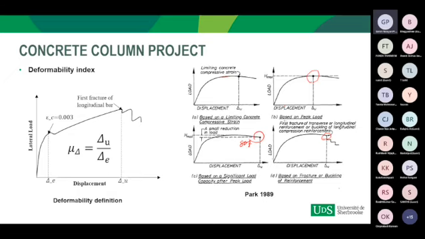So that's why I selected the first fracture of the longitudinal bar as my ultimate displacement. So we can say the deformability index is the ratio of the ultimate displacement at the first fracture of the longitudinal bar to the elastic displacement corresponding to a concrete strain of 3000 microstrain.